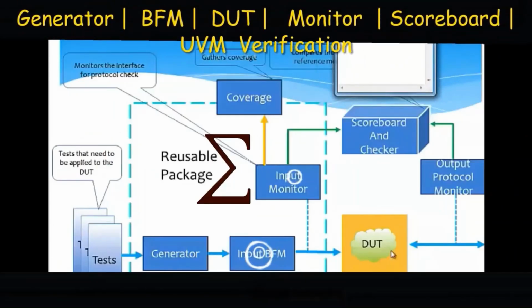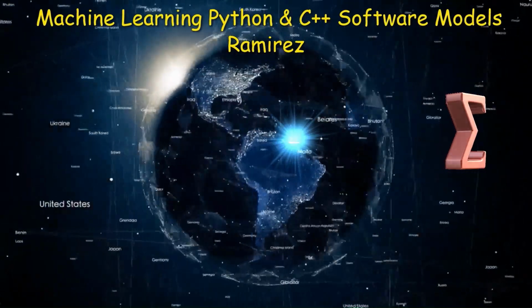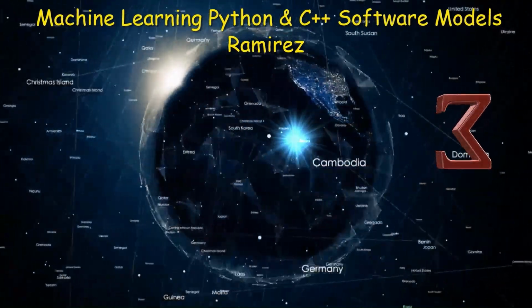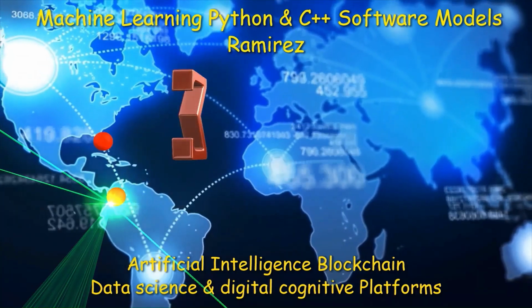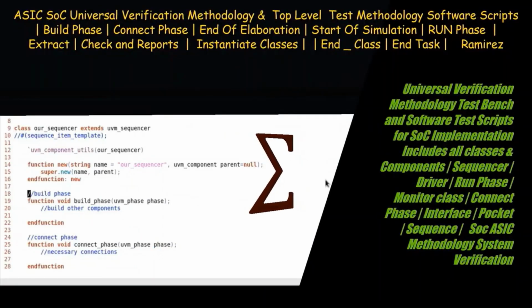The input monitor collects the status from the BFM, the bus functional model, to the DUT, and the output monitor collects the response out of the DUT, as illustrated in the system block diagrams of this presentation.